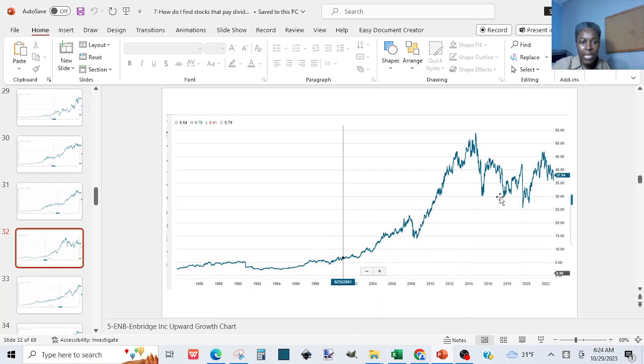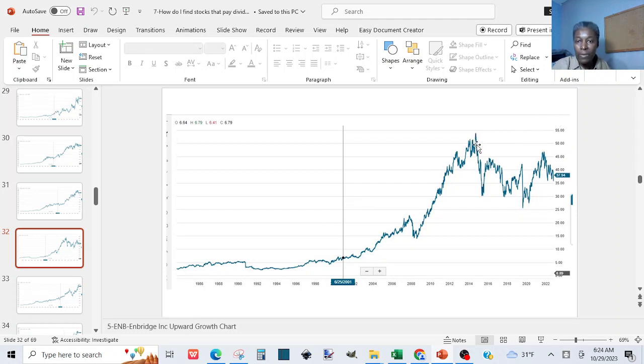And this one is Enbridge. And Enbridge, I put under upward as well because the price it started selling at originally and the price it is selling at now is quite a big jump, so it does have that growth to it.